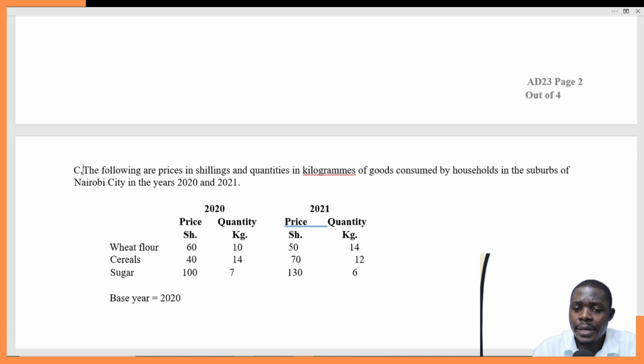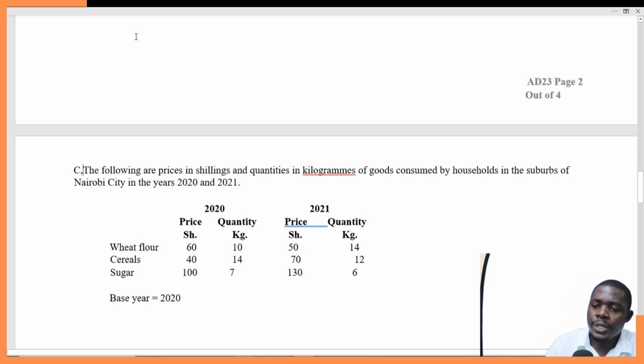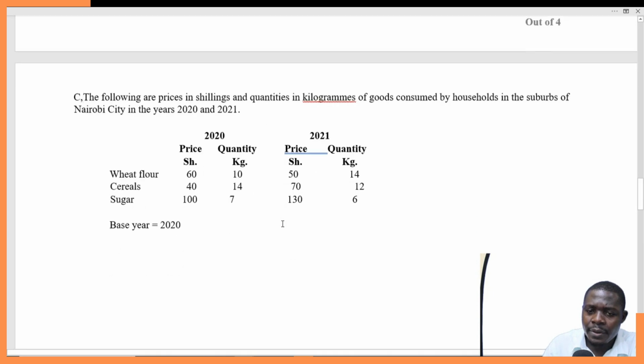We have the prices for 2020, 2021, wheat, cereals, and sugar. The data is given there. We have been told to take 2020 as the base year.